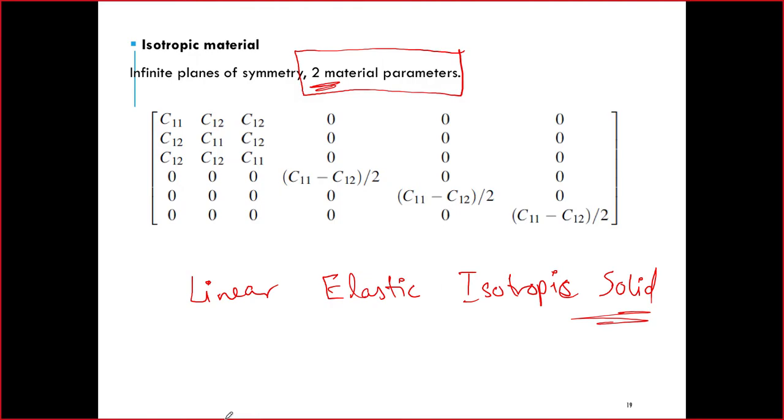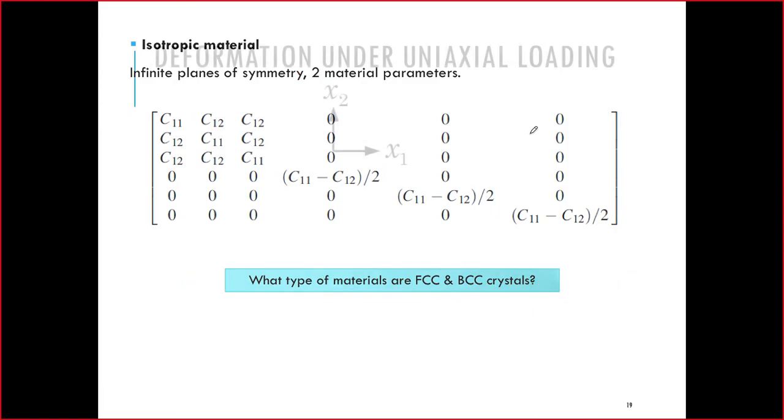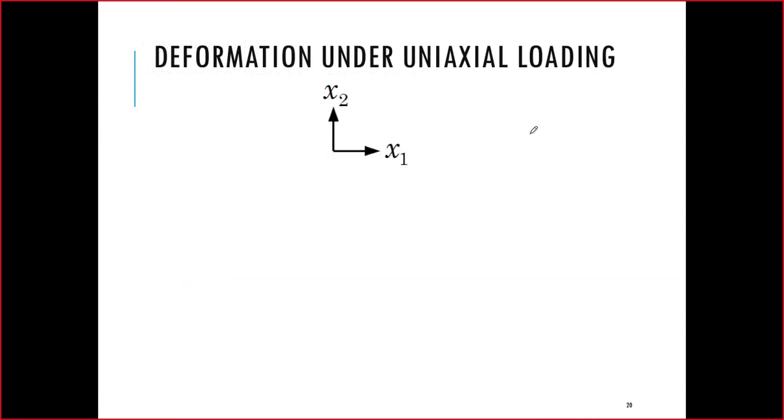Perfect. Acha ji, one more side thing to notice about these materials is that just by looking at the components of the stiffness matrix, we can actually figure some things out. So for example, I want to talk to you guys in particular about what happens when we load some of these crystals up under uniaxial loading.